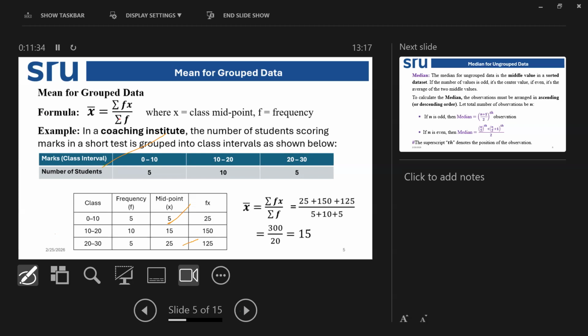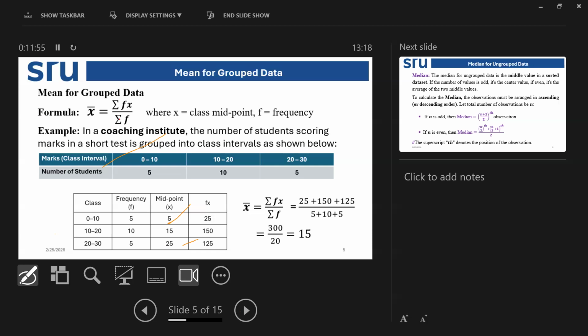And here, what is sigma f? Sigma f is the sum of the observations, meaning the frequency values. So while dealing with grouped data, you have to be very careful.